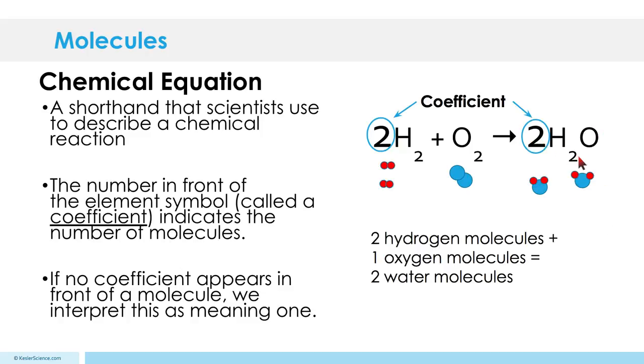Now you can start counting it. The coefficient gets distributed to all of the elements in the formula that it is attached to. So this 2 gets distributed to the H, and it also gets distributed to the O.